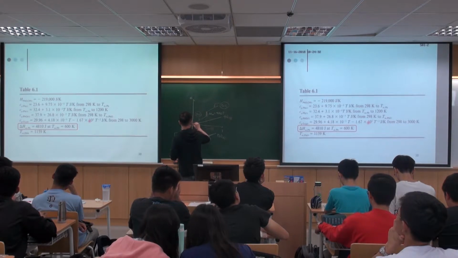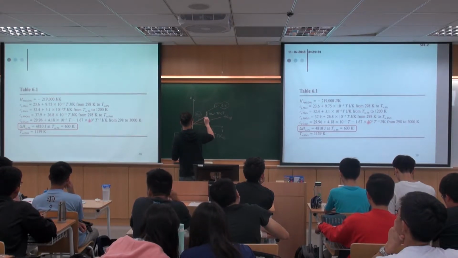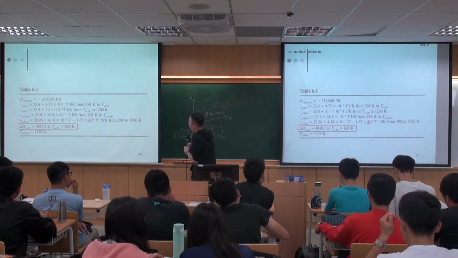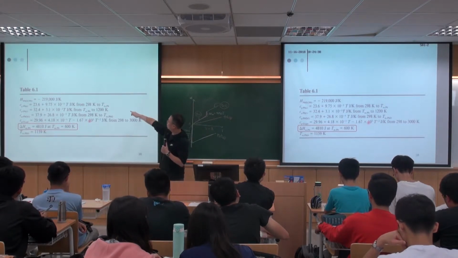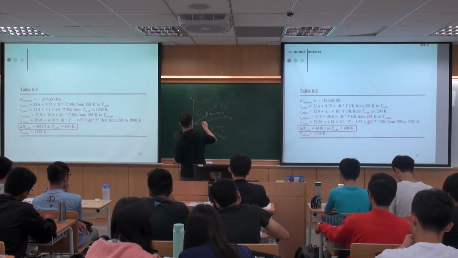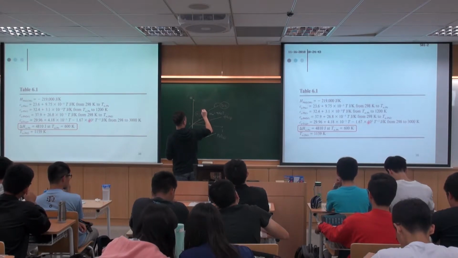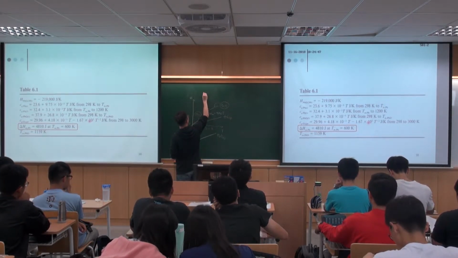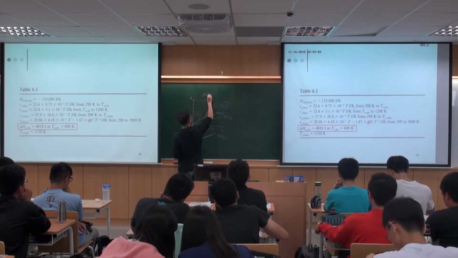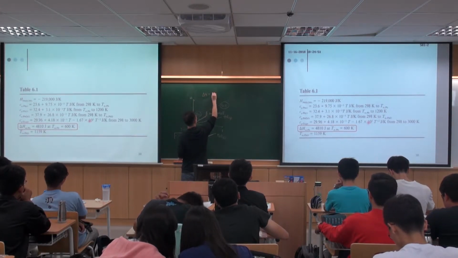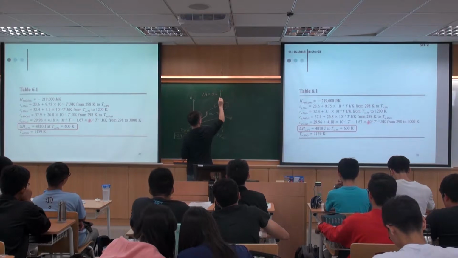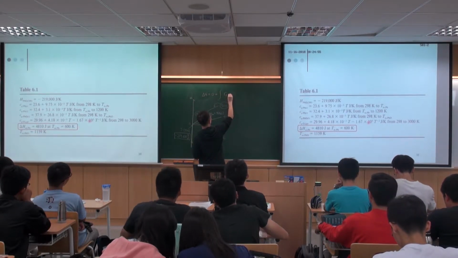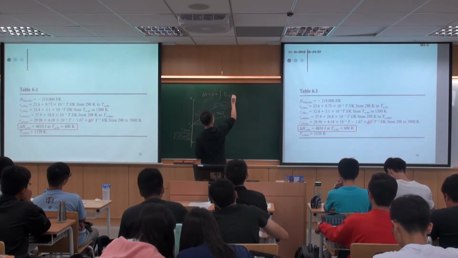Okay, so in order to calculate, for instance, the slope from here to here, we have Cp. If we want to go from here to this point, we know that delta H is, for instance, 0 plus the integral of Cp of lead, in the solid phase.